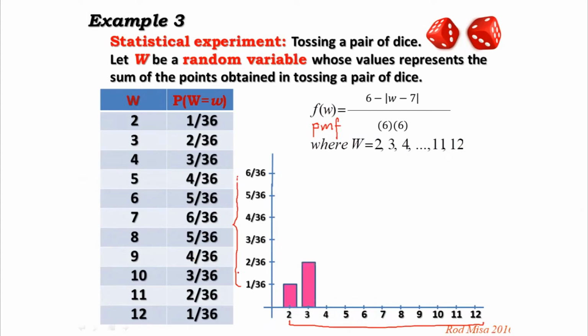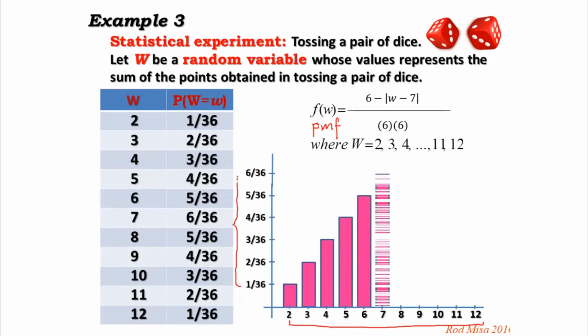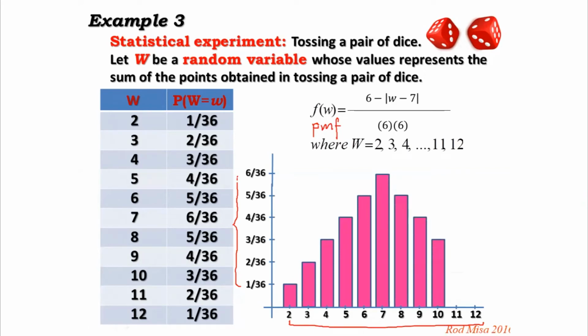For 3, the probability of 2 over 36. For the random variable 4, 3 over 36, and so on and so forth here. Hence, you can see that there are three ways of representing a probability distribution: using a table, or using a formula, or using a graphical representation.